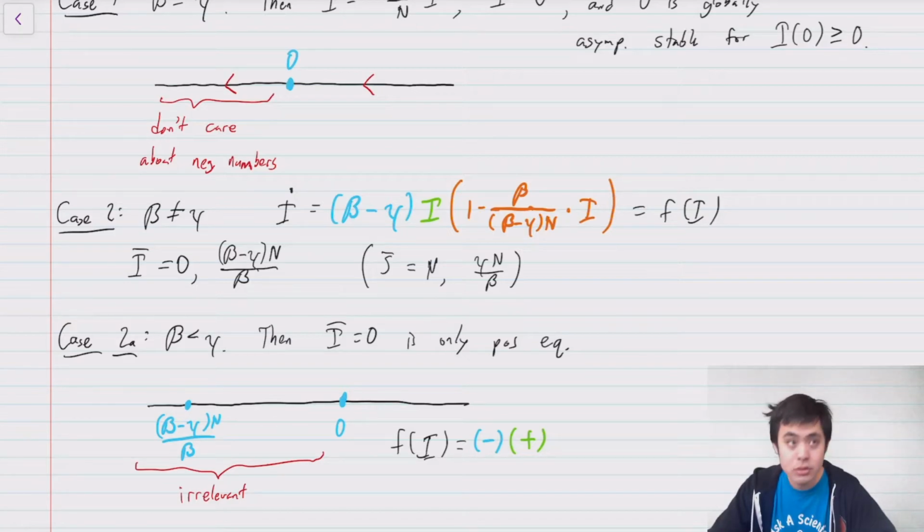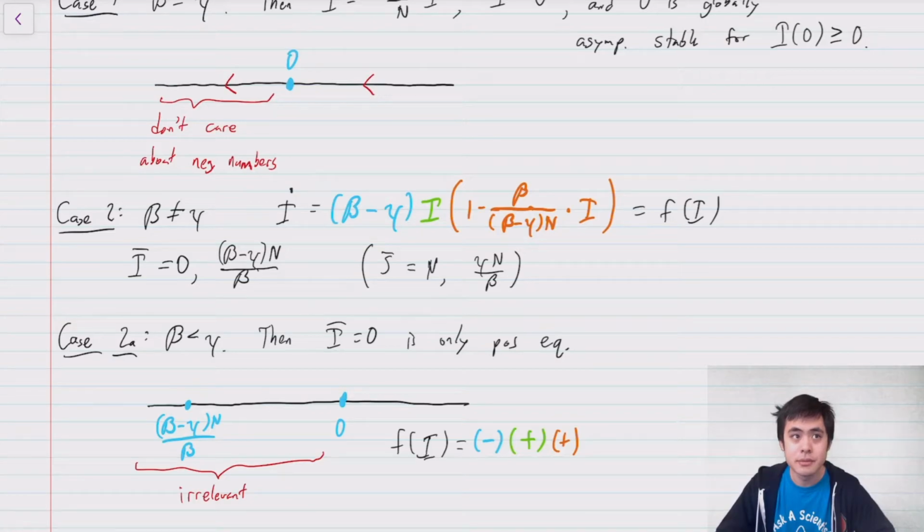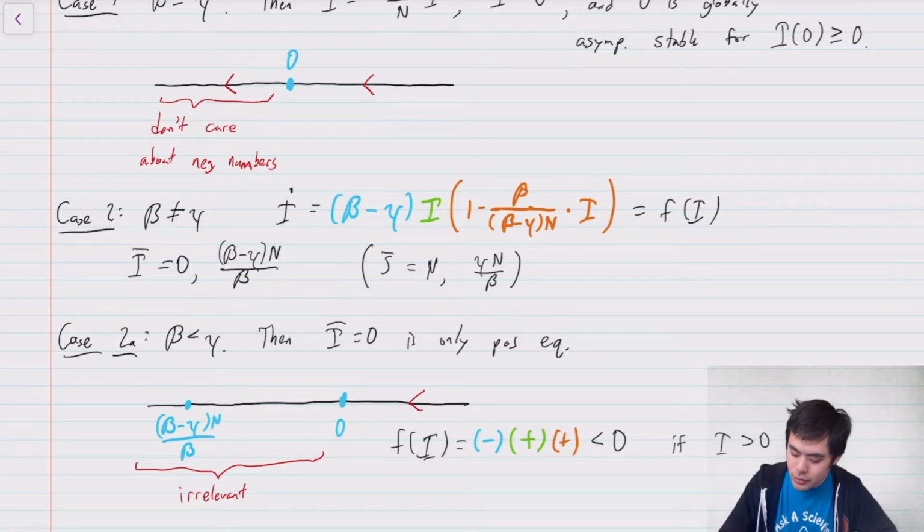So we end up getting I is positive, but beta minus gamma is negative, and so therefore this entire term up here is negative, and then you subtract that, so that's positive, and so you end up getting a positive number there. And so that is less than 0 if I is greater than 0, and so therefore these arrows point inward.